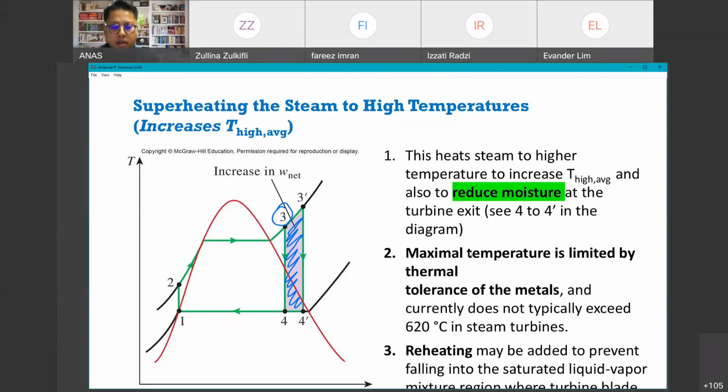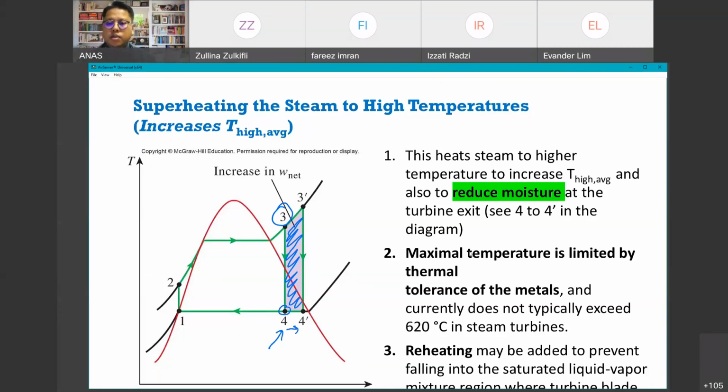This can solve the problem that we had before. If before we had higher moisture content at 0.4, by increasing the temperature, you move from 4 to 4 prime, you reduce the moisture content, hence you get less moisture coming out from the turbine.